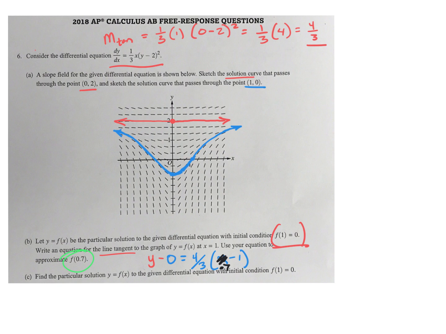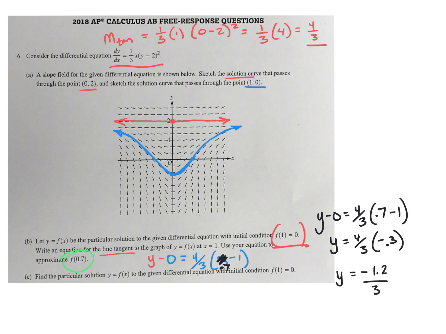All right, so it would look a little something like this. y minus 0 equals 4/3 times (0.7 minus 1). y equals 4/3 times 0.7 minus 1, which is negative 0.3. So y equals negative 0.4 looks like my approximation there.